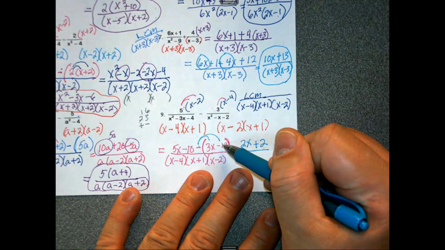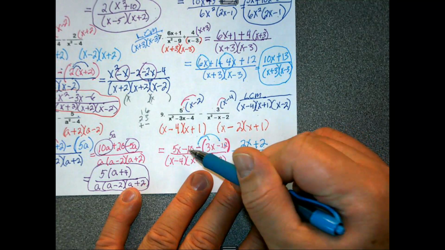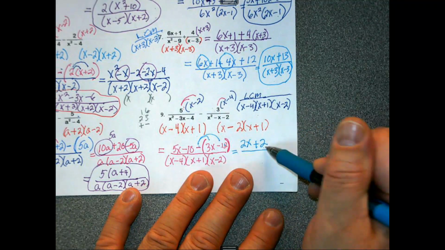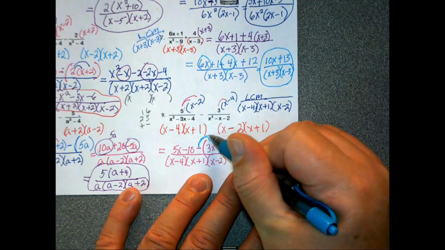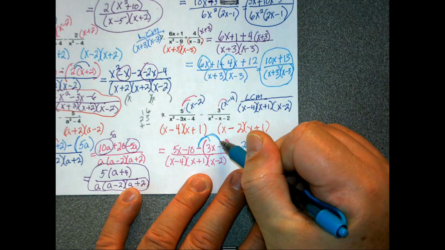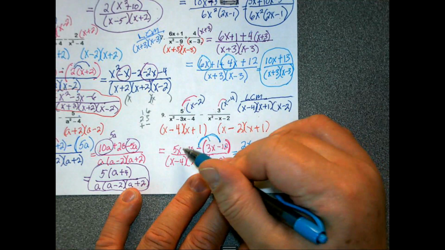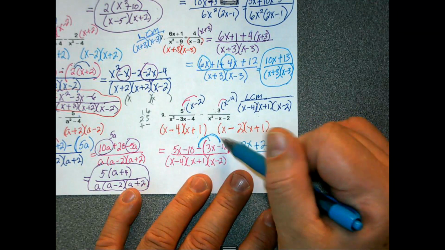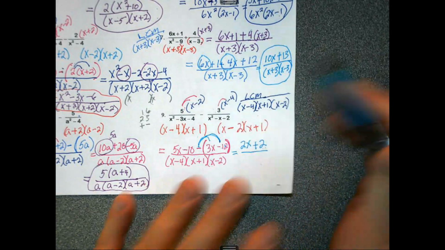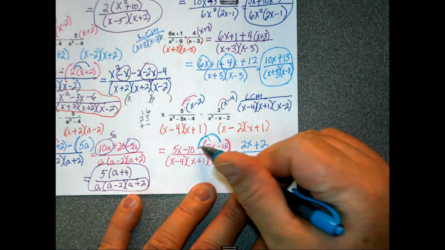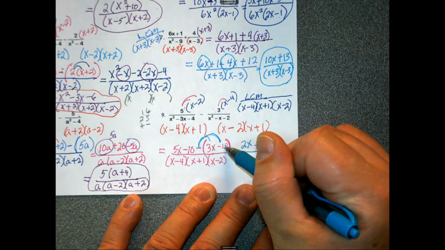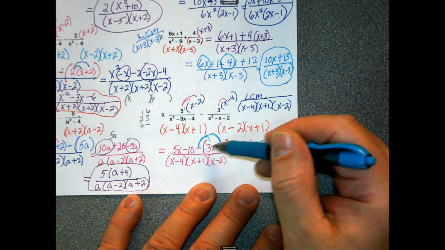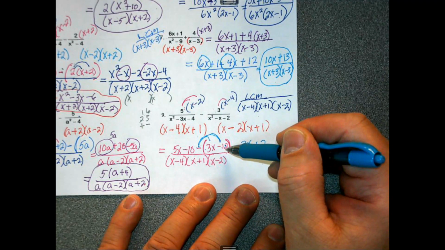Negative 1 times negative 12 is positive 12. You have to distribute the minus. It's a negative 1, so I'm multiplying each one of these terms by negative 1. That's how I got negative 3x and positive 12.